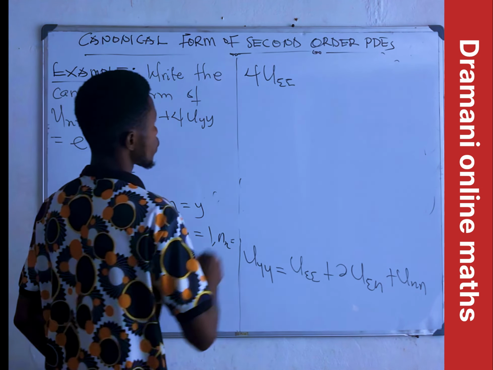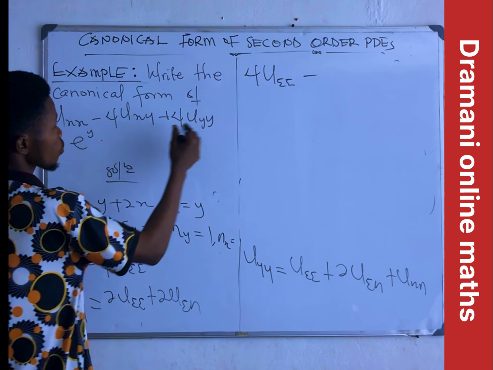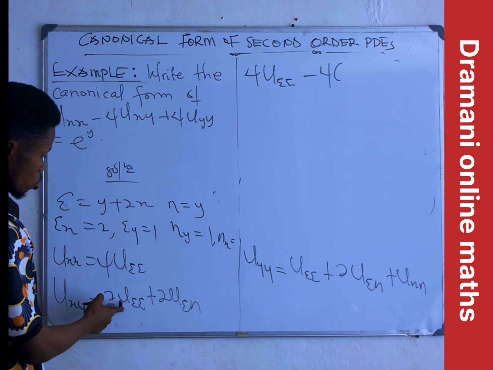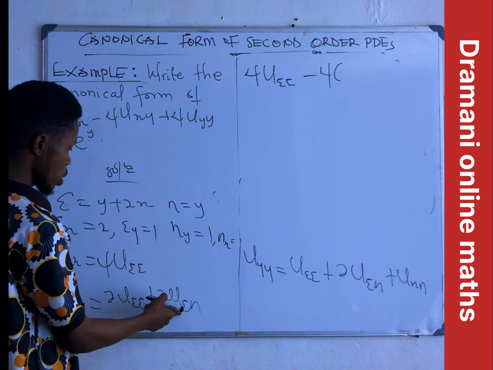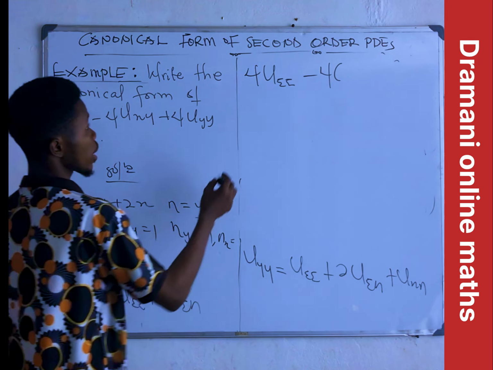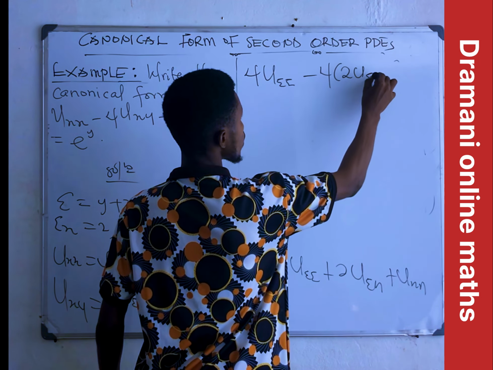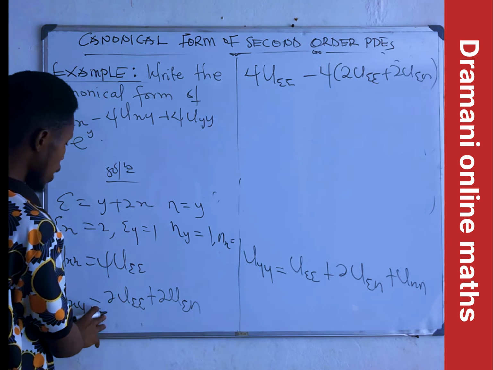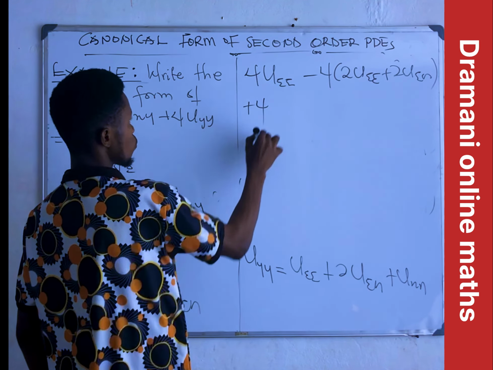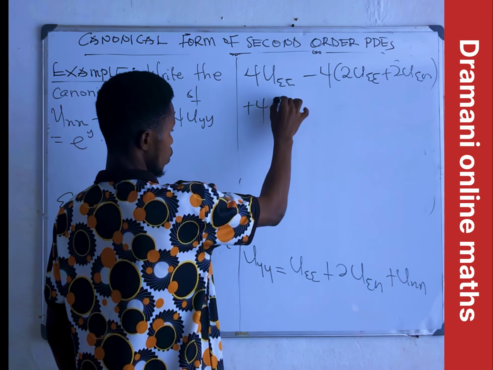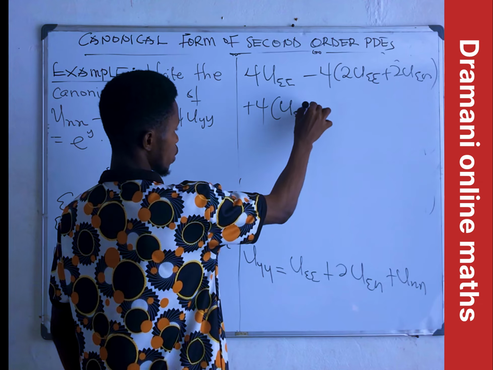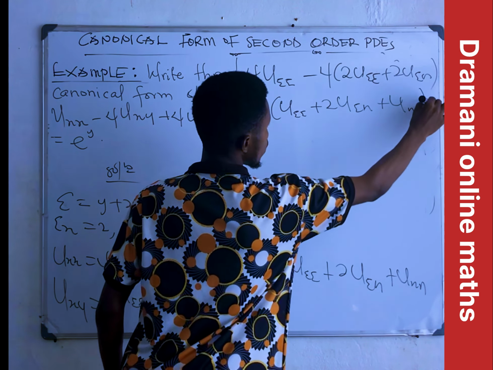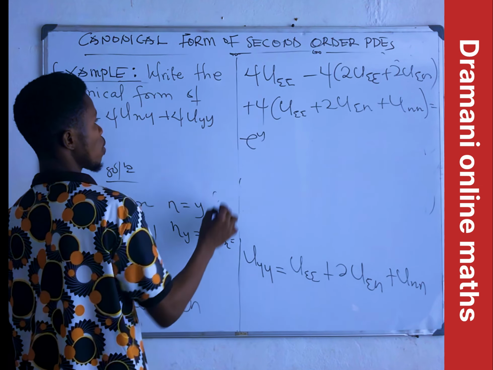So minus 4 uxy, and this is our uxy, 2 u xi plus 2 u xi eta. Then I'm done with that one. Then I go to plus 4 uyy, which is here. So that u xi plus 2 u xi eta plus u eta equals e to the power y.